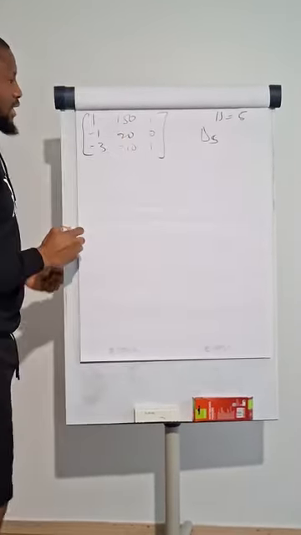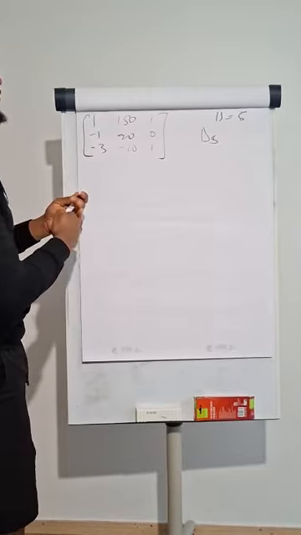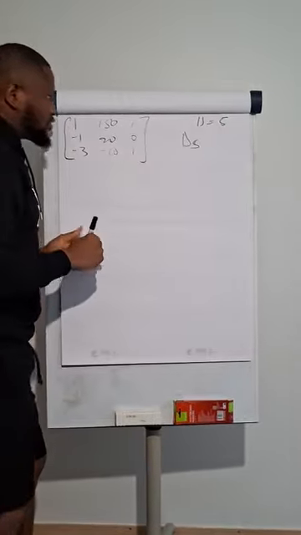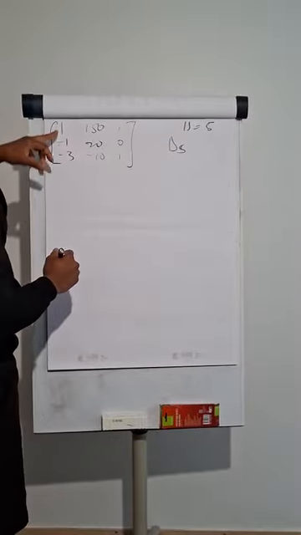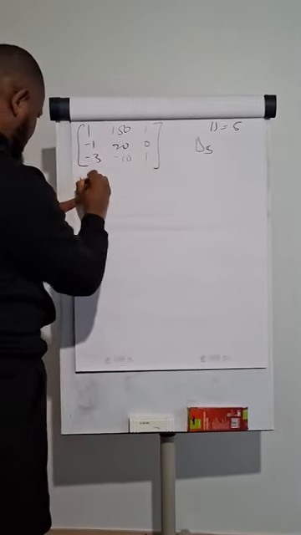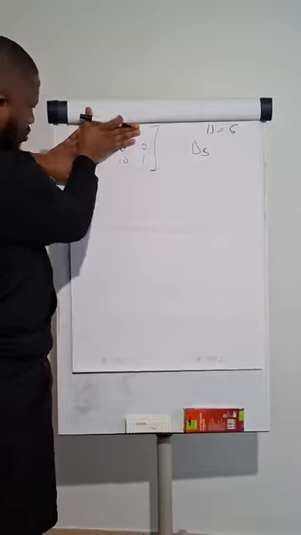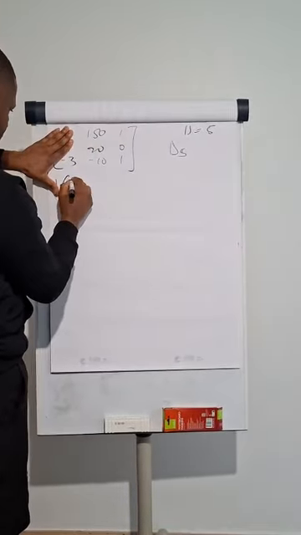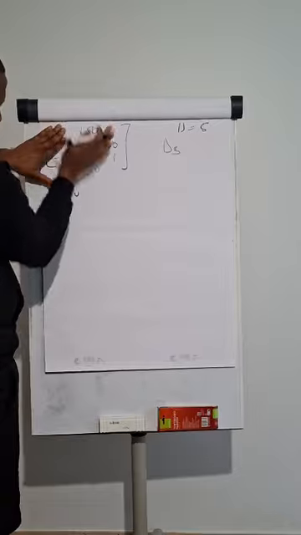Now, for looking for the determinant of the student, we take the first one, 1, and cover its row and column, leaving 20, minus 10, 0, 1.